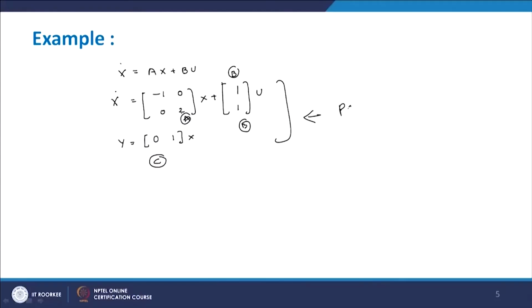So when this is the case, it is called a partially observable system.